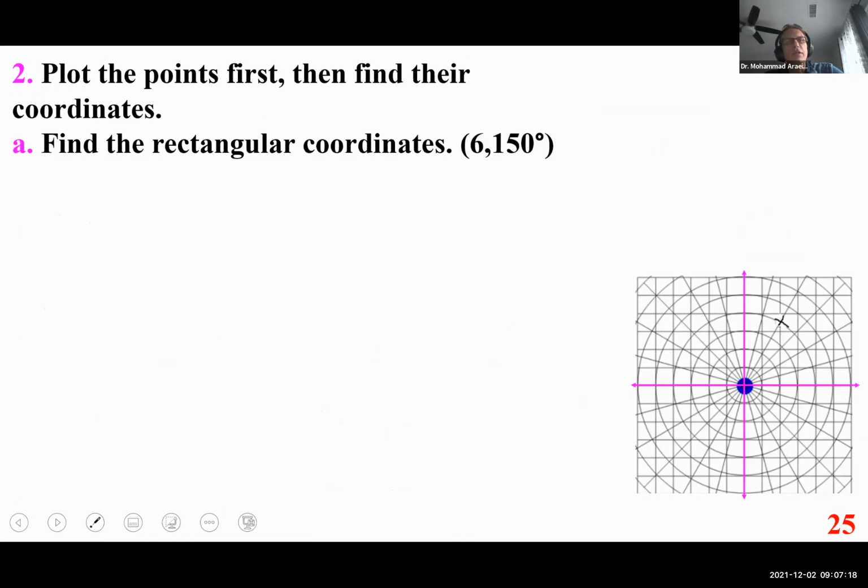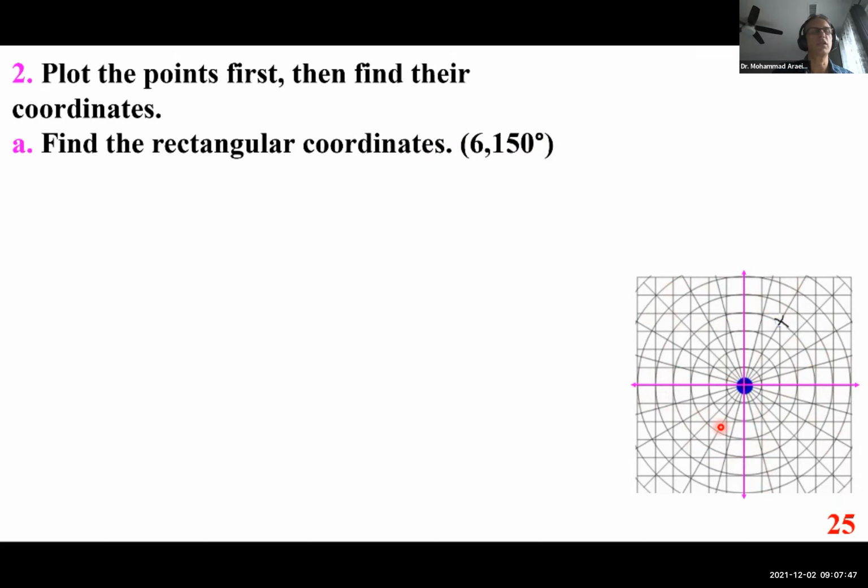Plot the point first, then find its coordinates. So we want to find the rectangular coordinate for this. This is a polar format. And in order to graph this, the grid that I have here shows the rectangular grid as well as the polar grid, which is a bunch of circles, if you will.